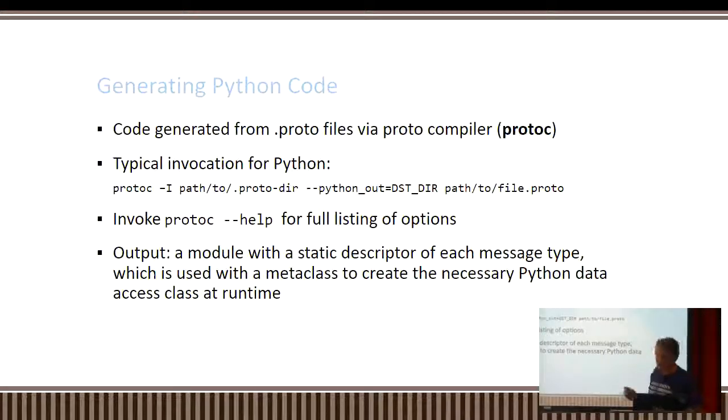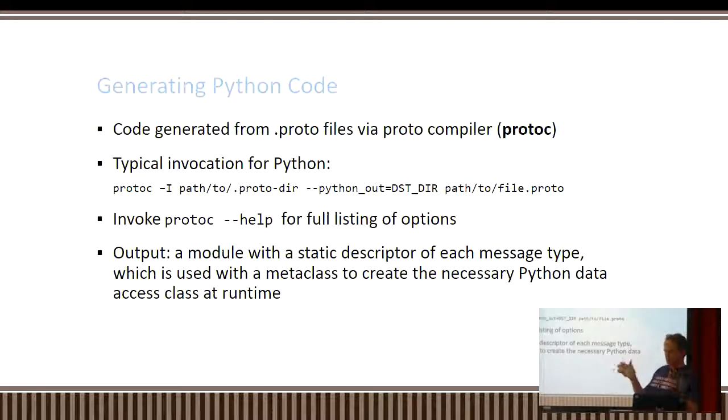Again, I mentioned we use the protoc compiler, which generates the code that does the parsing and encoding of the data specified in the proto files. That command line there is what you would typically use to generate Python output. You can generate all the languages it supports in the same invocation of protoc.